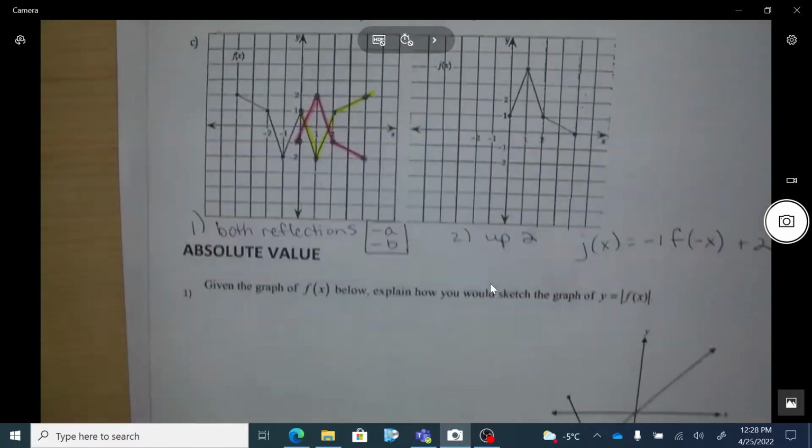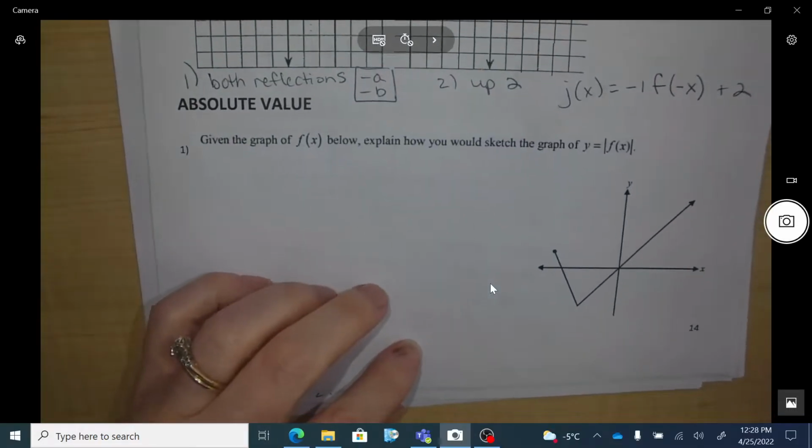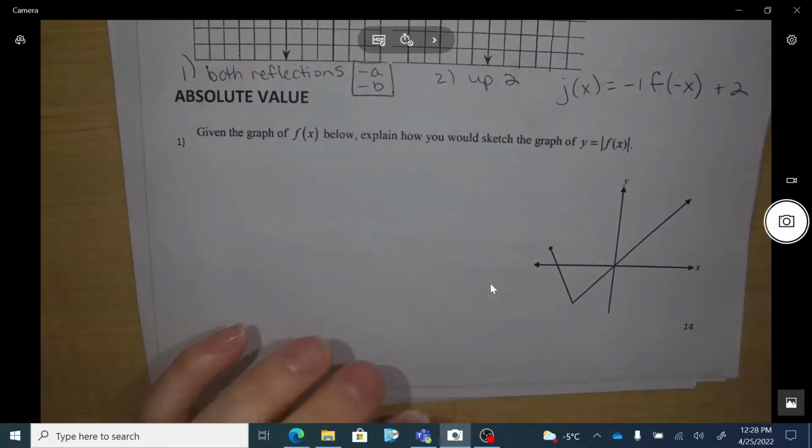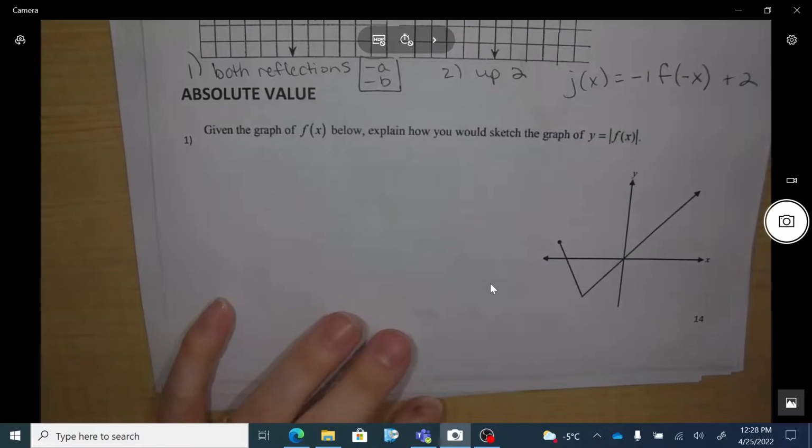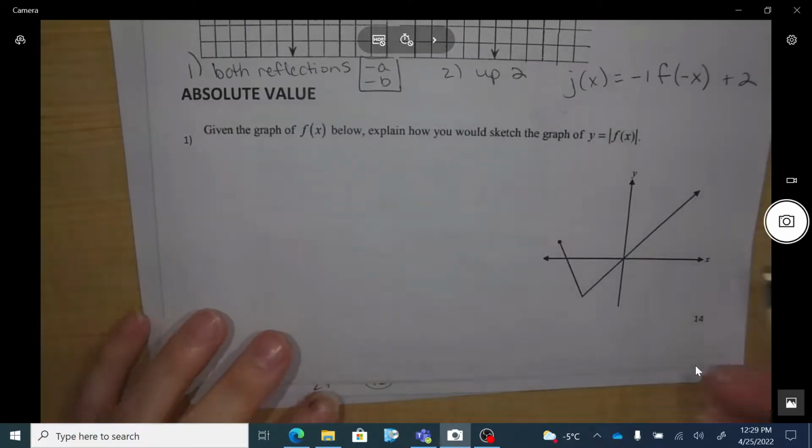Okay, absolute value topic. So given this graph, explain how you would sketch this graph of the absolute value.